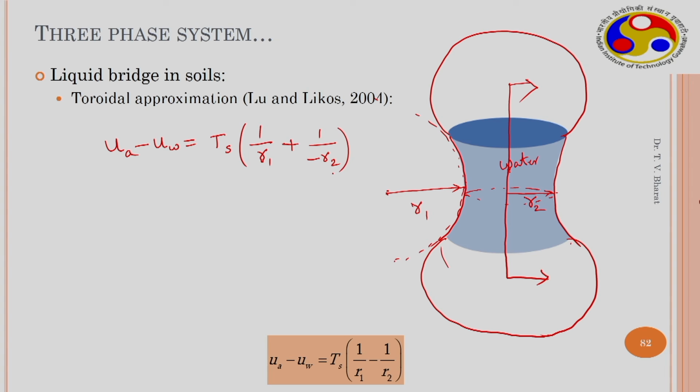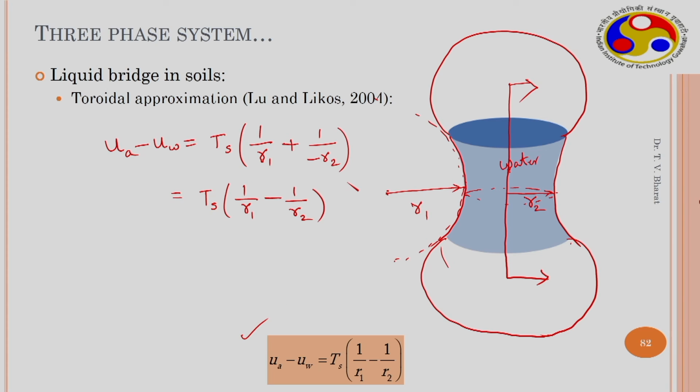Earlier in the Young-Laplace equation, both R1 and R2 were concave, but in this case R2, which is a liquid cylinder available here in the liquid bridge, is convex, so it should be minus R2. Then this equation turns out to be Ts times (1 by R1 minus 1 by R2). So this is the expression for a liquid bridge in soils, and this is the pressure drop because of that.